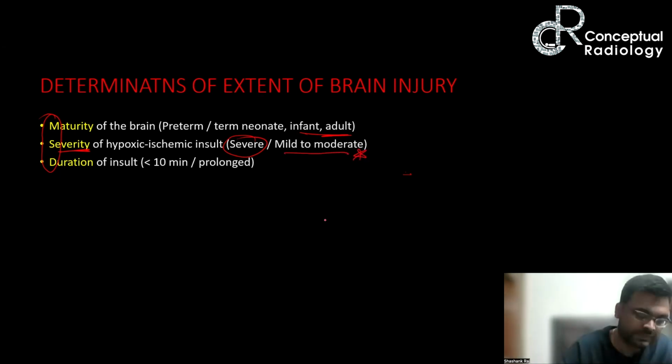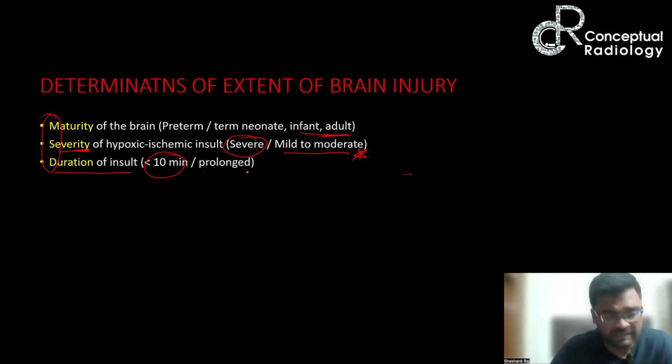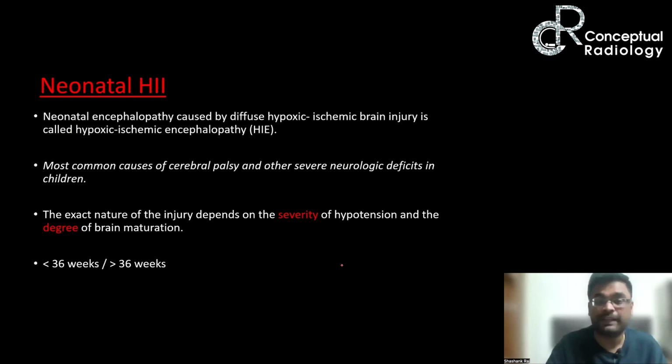Depending on all these factors, there will be different extent of brain injury, right? Then duration of insult, whether it's an acute, short insult, less than 10 minutes, or a prolonged insult. All these factors will determine how bad the brain injury is. Okay, so we'll start with neonatal HII. The adult hypoxic insult we'll discuss later.